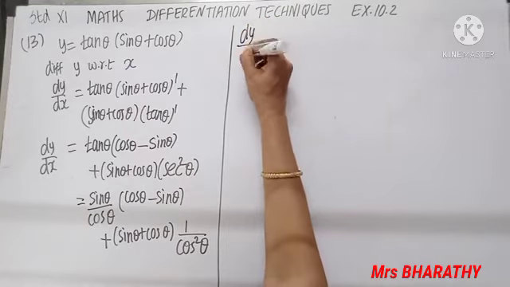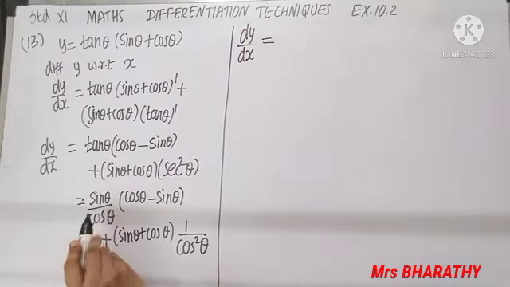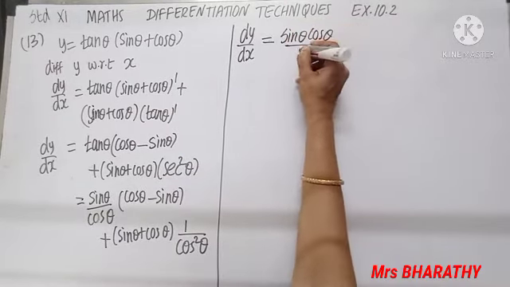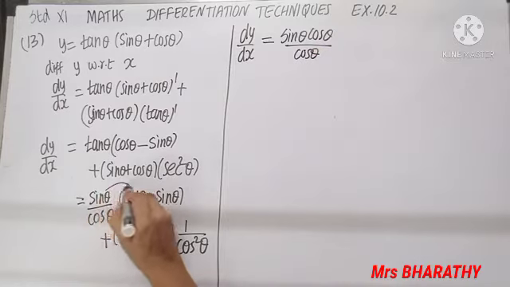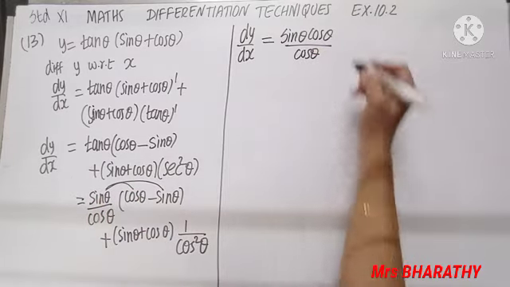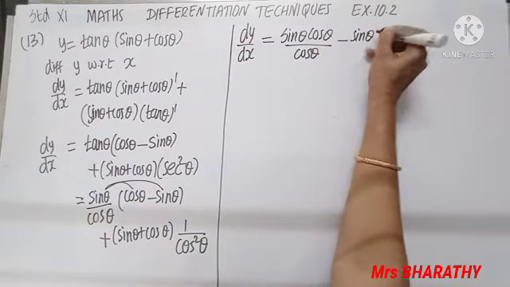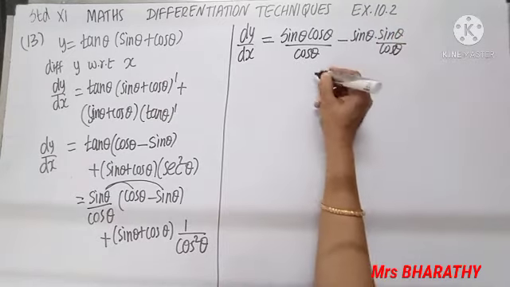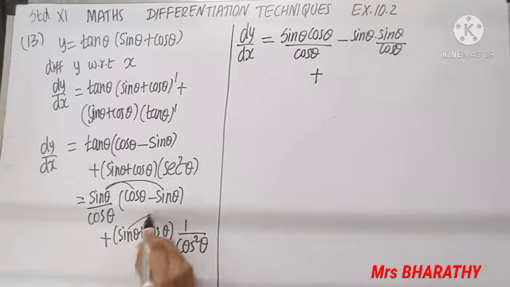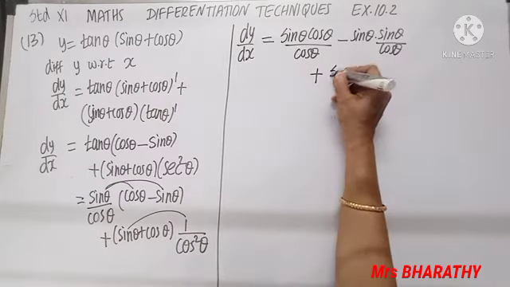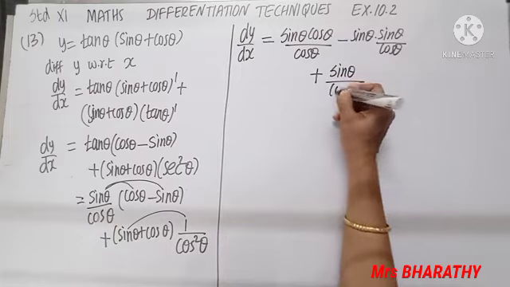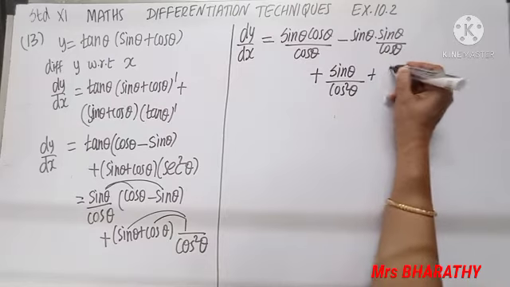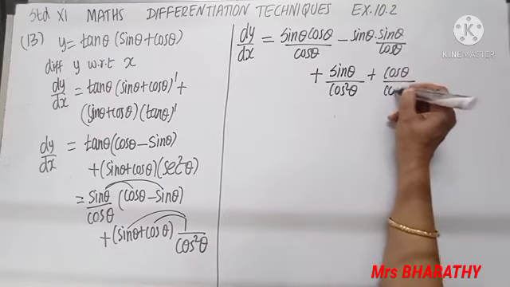As we multiply, dy by dx is sin theta into cos theta by cos theta, the first term. Then the second term, minus sin theta into sin theta by cos theta, plus sin theta into 1 by cos square theta, plus cos theta into 1 by cos square theta.